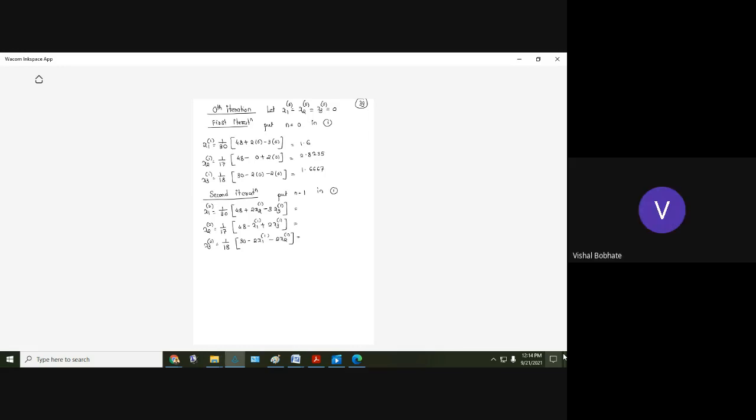1.5, 1.5294. Yes. Next value. Second iteration of x2.